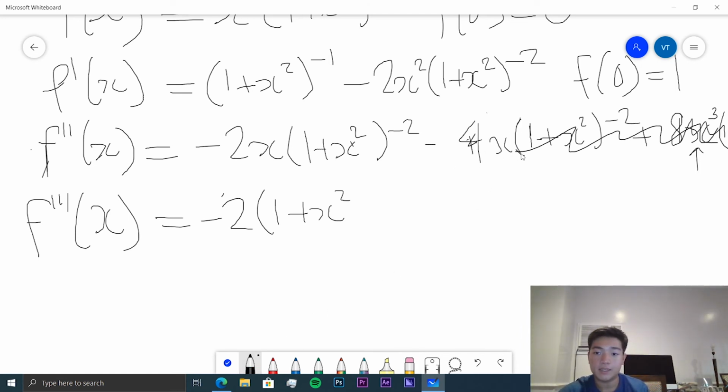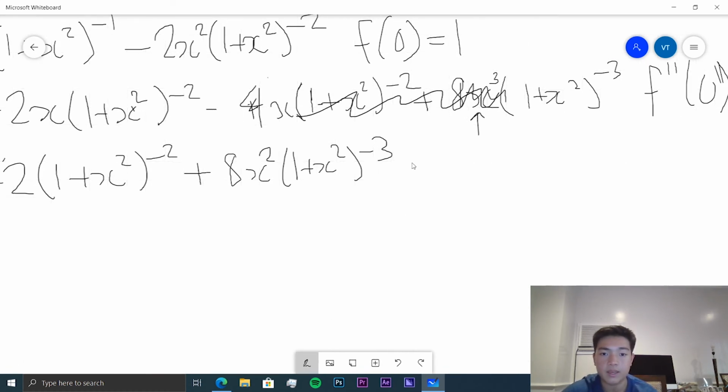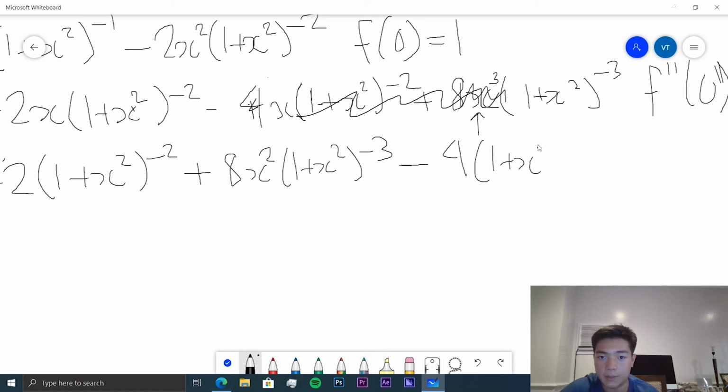Minus 4x. So this is minus 2 times 1 plus x squared to the power of negative 2, plus 8x squared times 1 plus x squared to the negative 3, minus 4 times 1 plus x squared to the negative 2, and then so on.